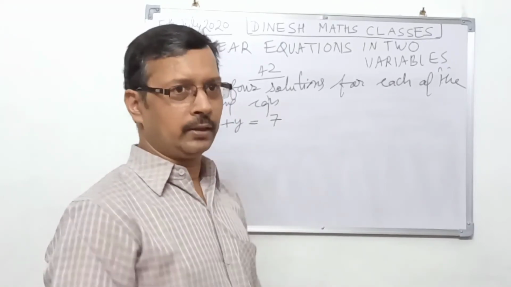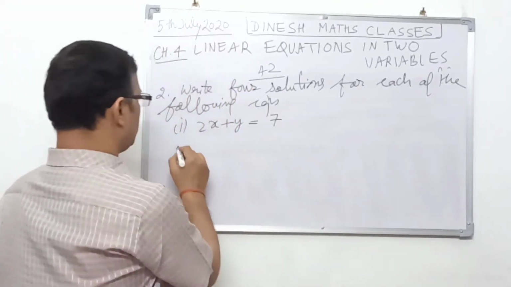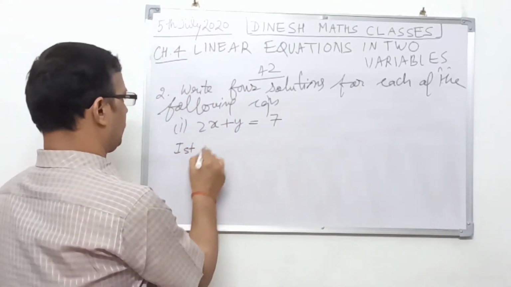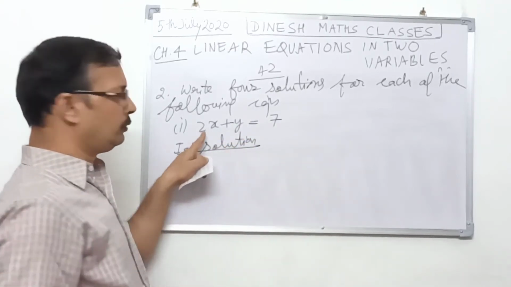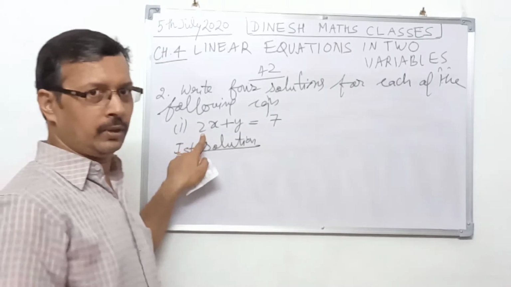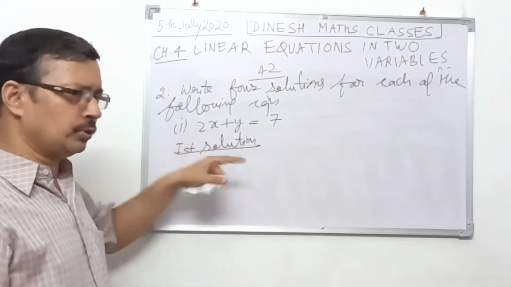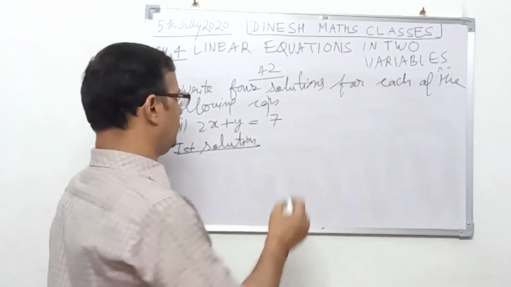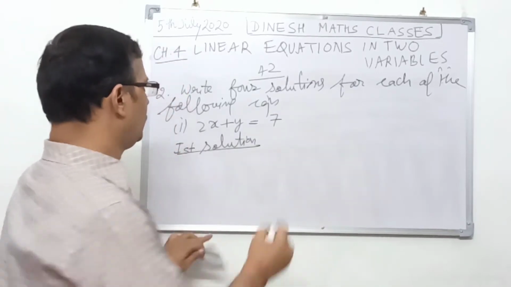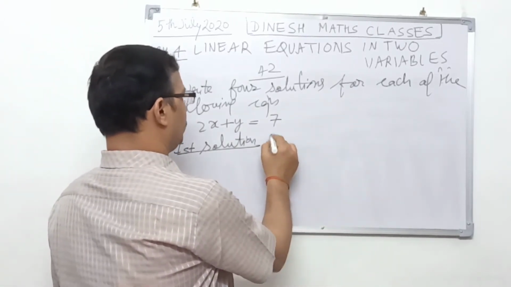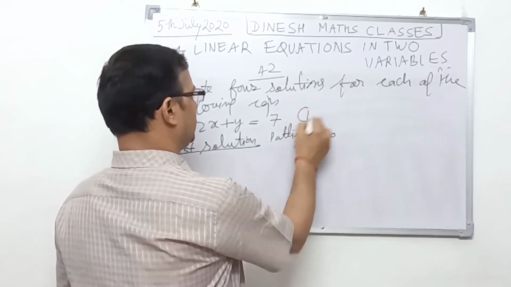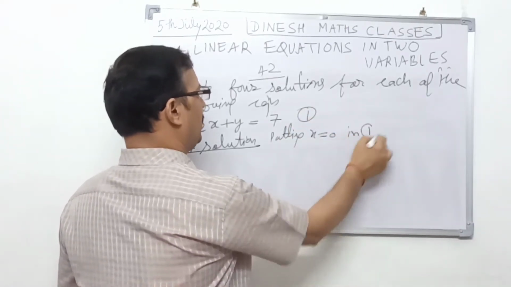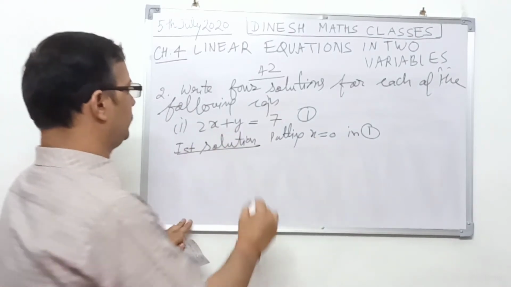So see how to find the solution. First solution: to get the first solution you can give any one value to x. That value should be a simple value, for example 1, 2, -1, 0. So putting x equal to 0, say this is equation 1. Put x equal to 0 here.